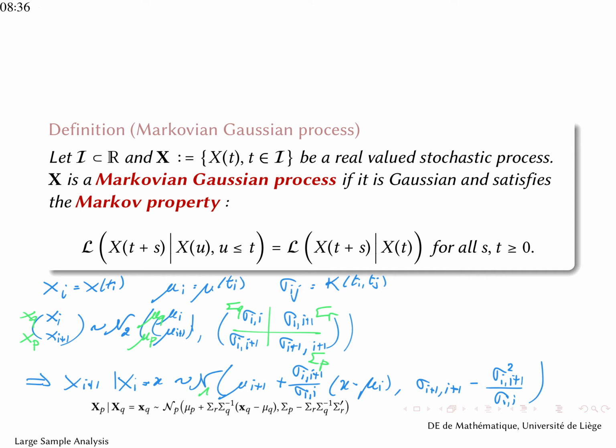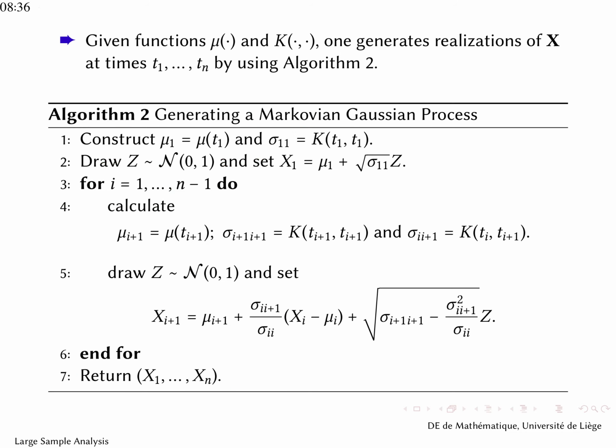Using this information, it is then possible to generate values from a Markovian Gaussian process. For given expectation function mu and a covariance function k, and for chosen time points t1 to tn, we can generate a Markovian Gaussian process by the following algorithm. As you can see, because of the fact that we will be using those conditional distributions, it will be an iterative process.